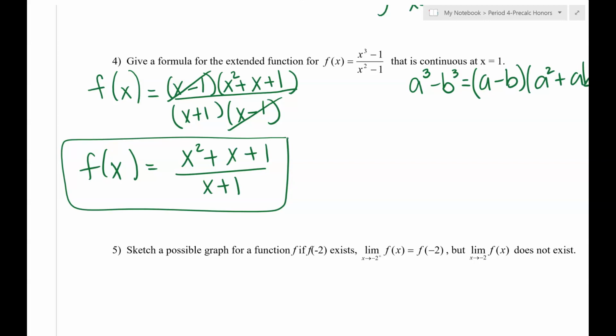So it's okay to have that, because I plug it into my reduced formula. But technically there is a hole at x equals 1. 1 comma what? Anybody know? Someone said 1 comma, a hole at 1 comma.